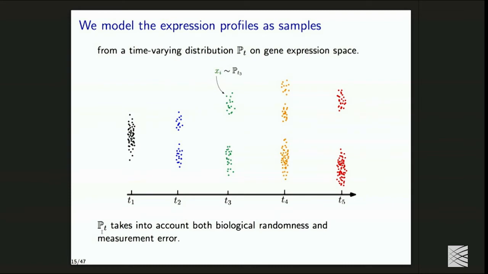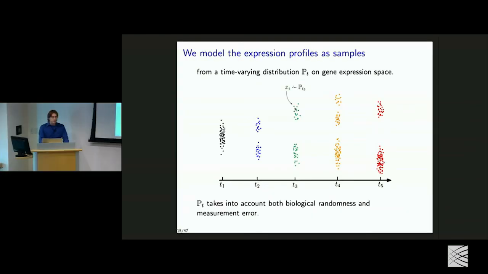This distribution takes into account both the biological randomness of the underlying process, because the cells have some kind of stochastic expression profile, and also the measurement error, because we don't perfectly measure the expression profile of any individual cell. So our model is that we have samples from this distribution at a number of different time points, and I'm just coloring each sample with a different color. Okay?